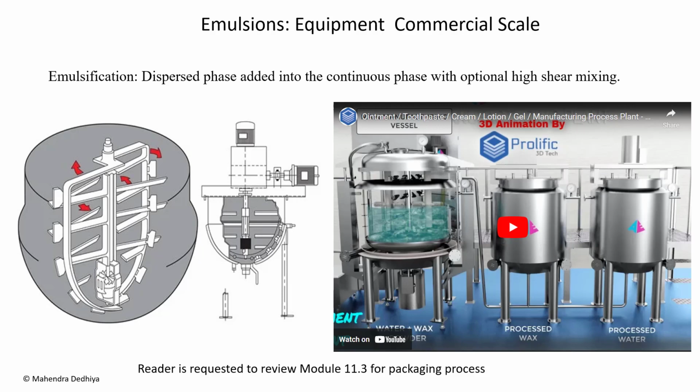Let's look at equipment at commercial scale. This is one of the processing equipment. It has scraper blades that scrape the surface of the vessel. It has mixing blades, as shown here, that have a counter flow for efficient mixing. And at the bottom here, it shows a high shear mixer. Let's look at a video on manufacturing. Case capacities are mentioned in kilos of water.